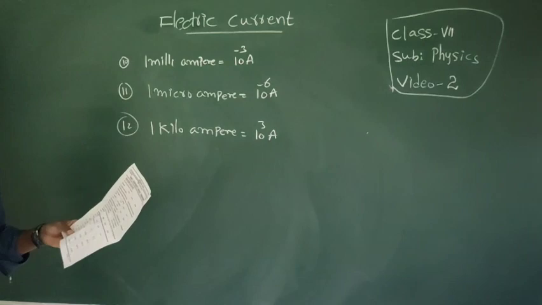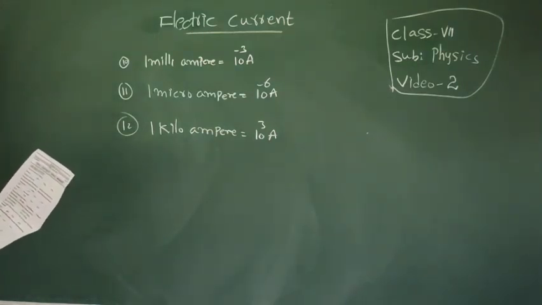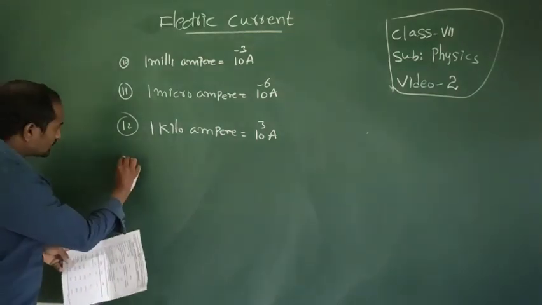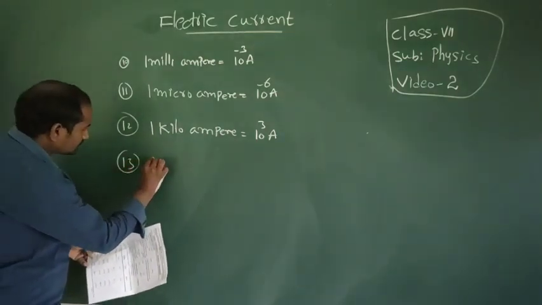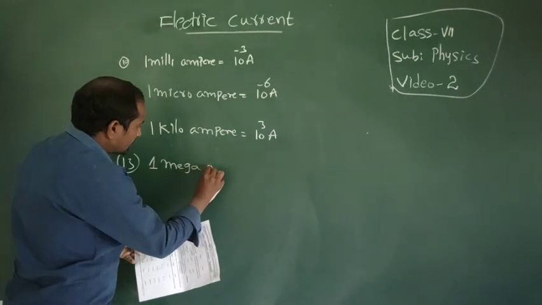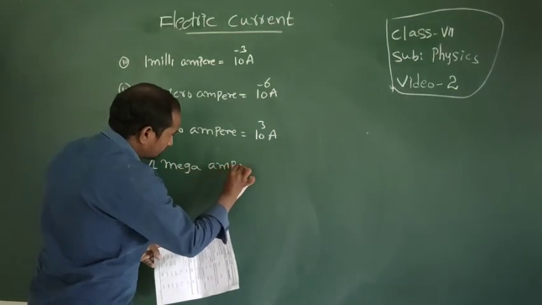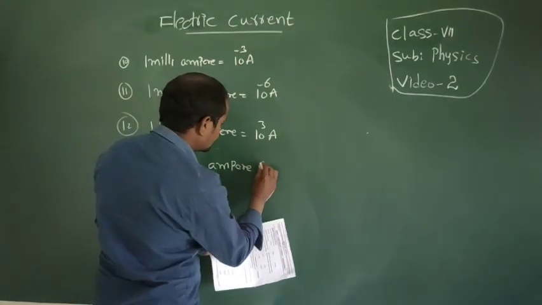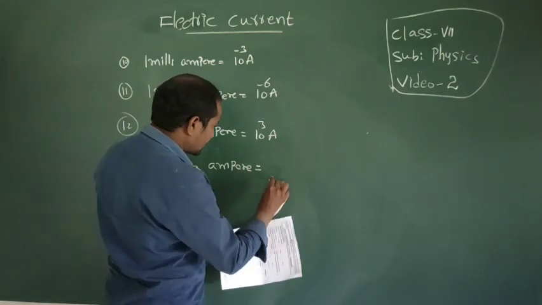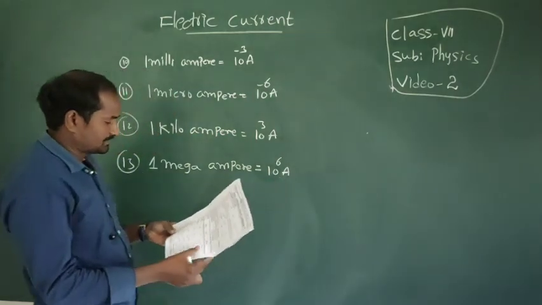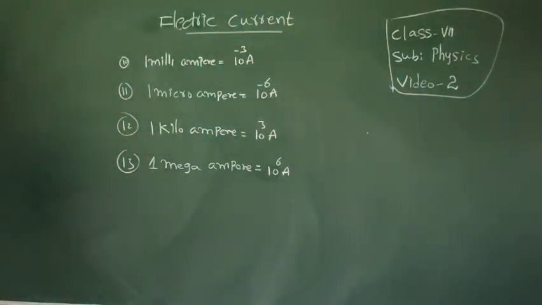Here minus is given, but that is plus. 1 mega ampere equal to, 13th one, 1 mega ampere equal to 10 power 6 amperes.